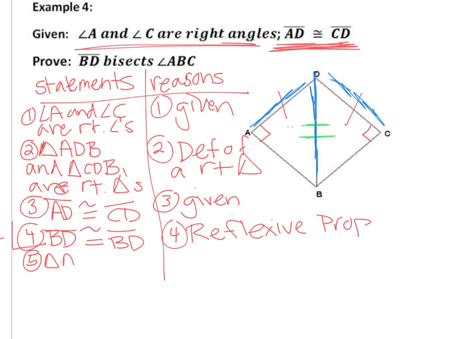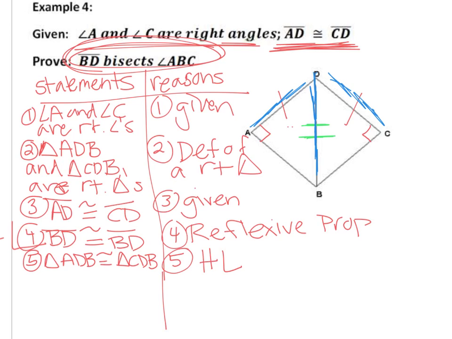Triangle ADB is congruent to, again, you can have your own lettering on that one as long as the corresponding parts are the same. So why would that be? Because of HL. Did you notice it wanted me to prove something else? All right, so we actually have more steps to do.